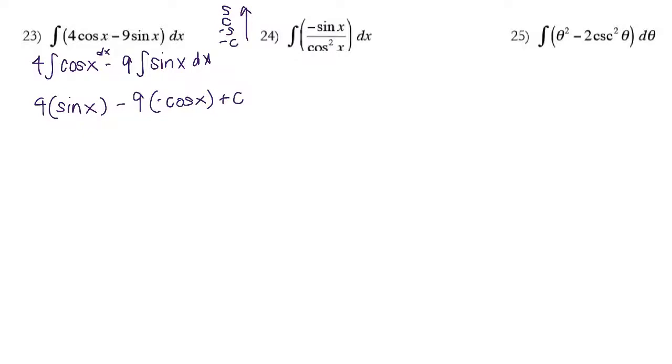And notice here we have a negative and this negative. So let's go ahead and simplify this. So we have 4 sine x plus 9 cosine x plus c. So hopefully that helped in the little chain.